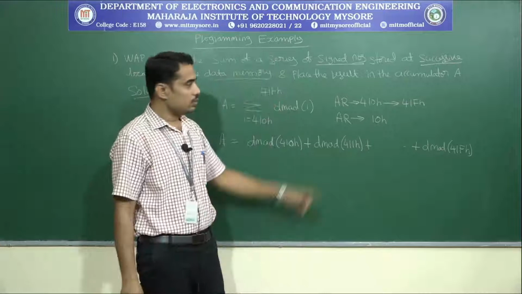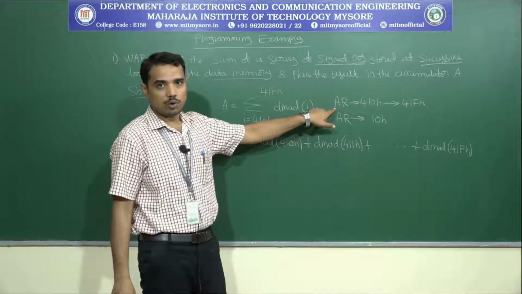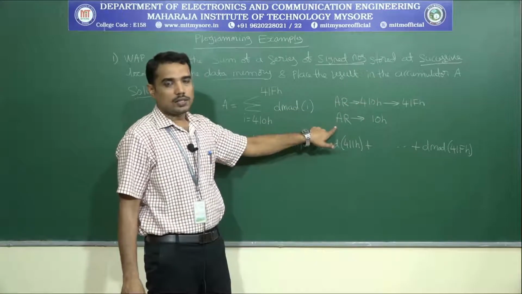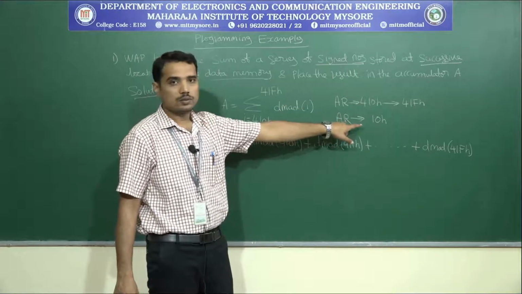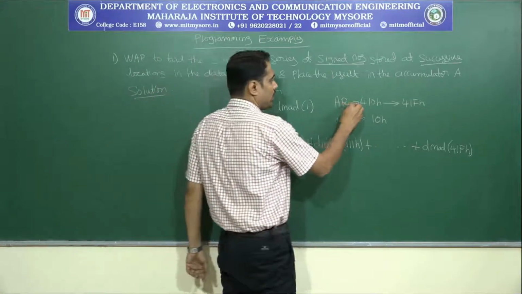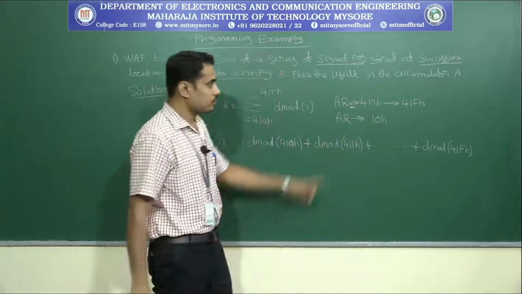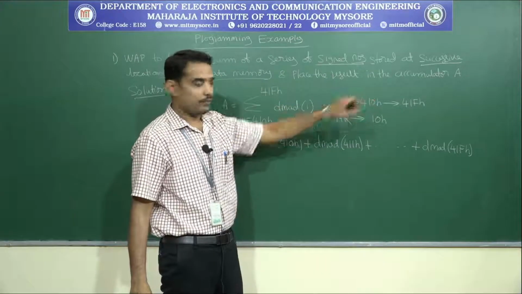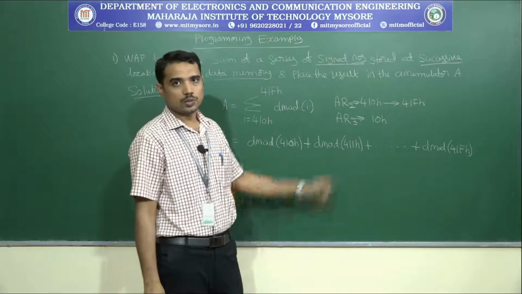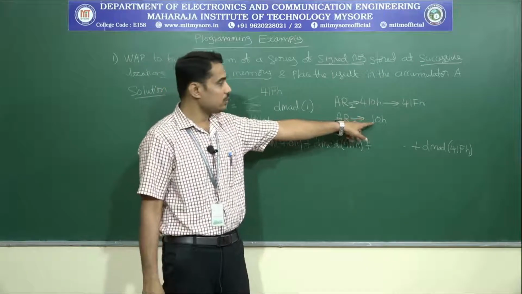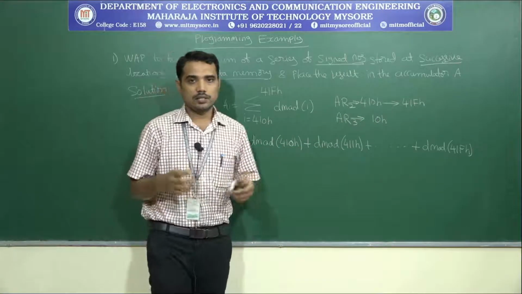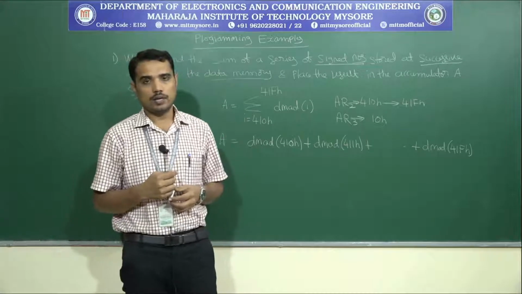One auxiliary register keeps track of the memory locations from 410H to 41FH, and another is required to initialize the count value. I can take AR2 for pointing from 410H to 41FH, and AR3 to store the initial count value, that is 10H.